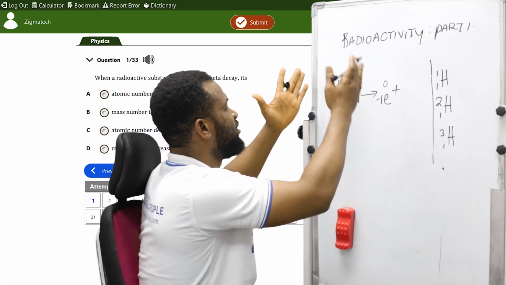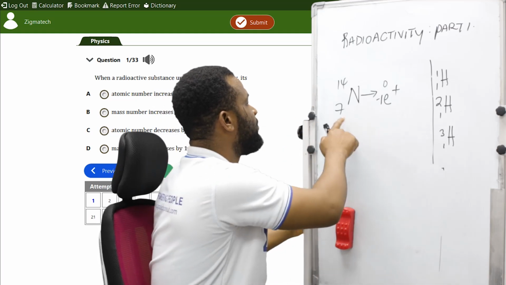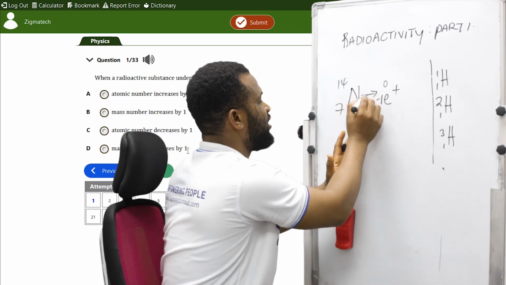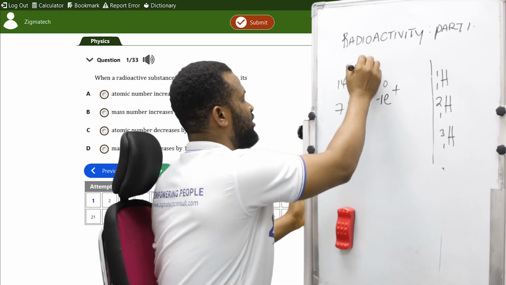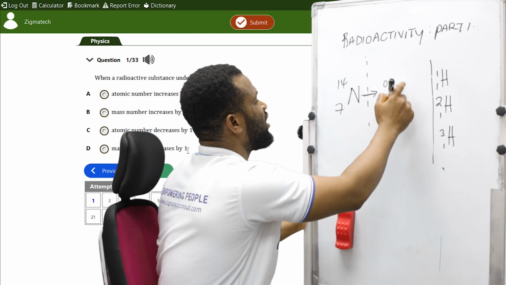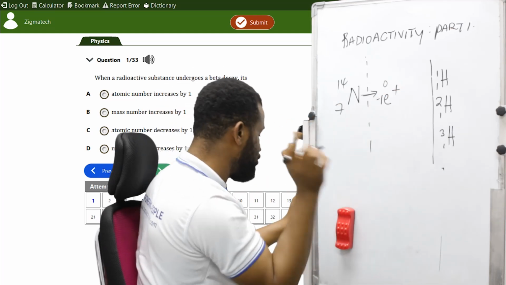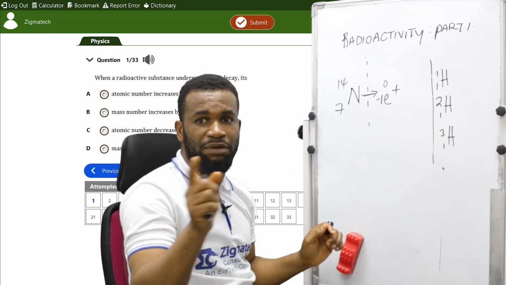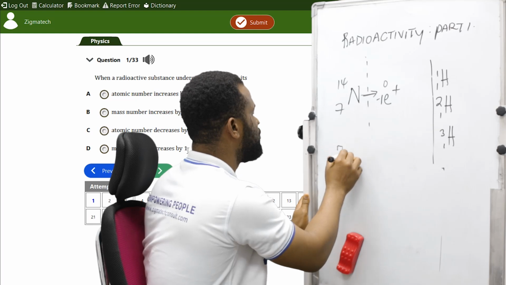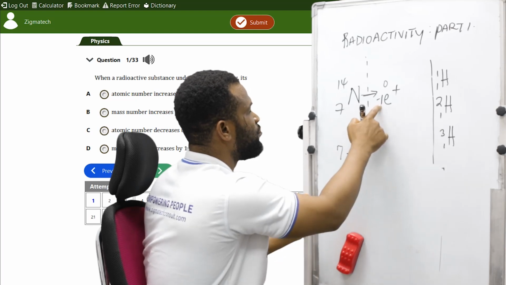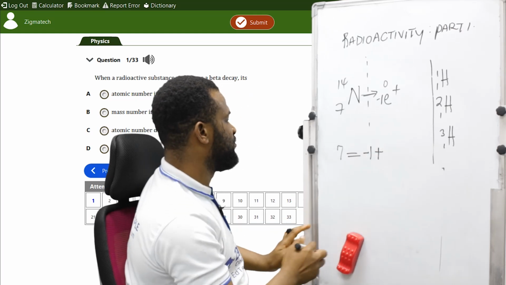Remember that in a nuclear equation, there must be balance. Whatever is on this one is like the boundary separating the right-hand side from the left-hand side. So this is the boundary. So what are we going to have here? Now, I am going to look at it this way because it will help us in answering this question. On the left-hand side, we have 7 must be equal to -1 plus what?